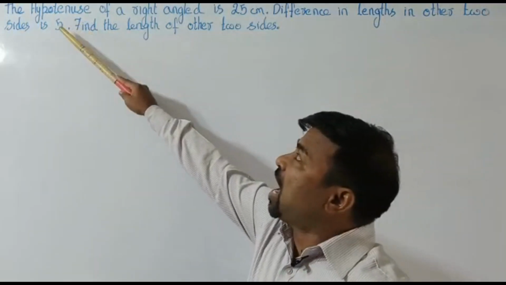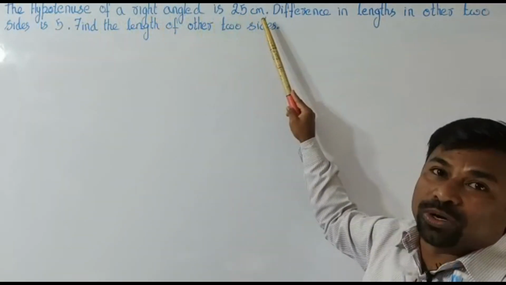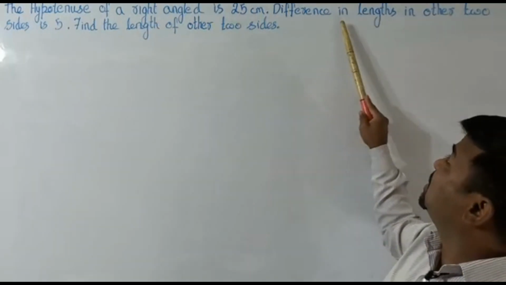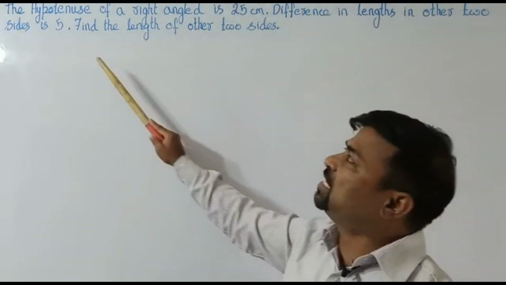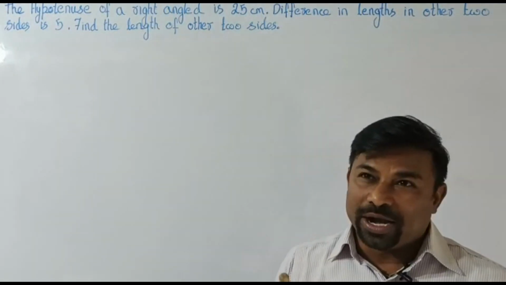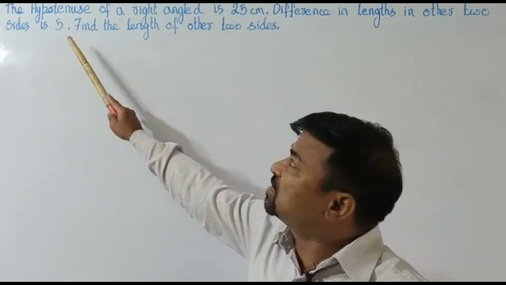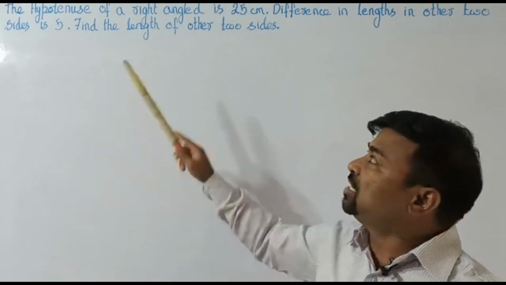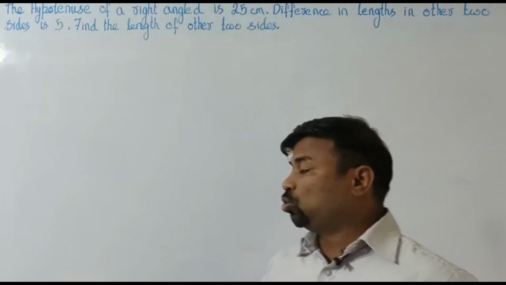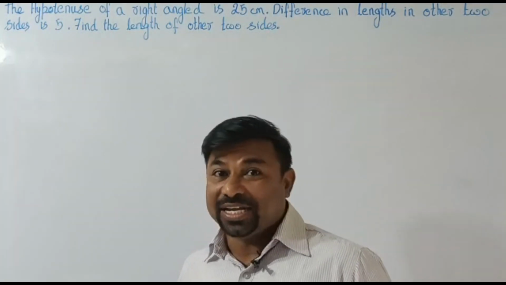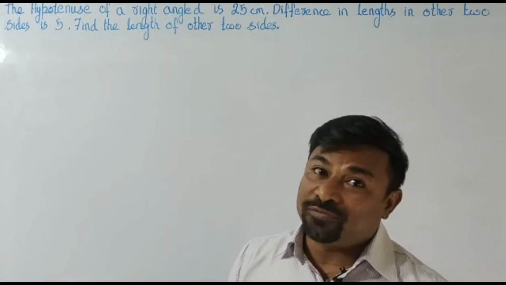The difference in lengths of the other two sides is 5. He is asking us to find the length of the other two sides.